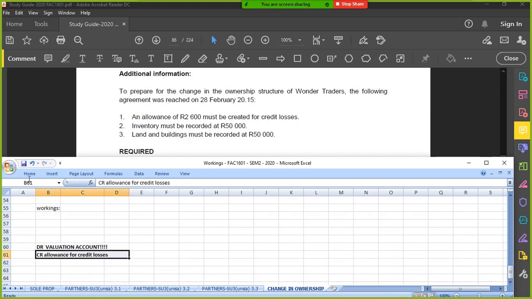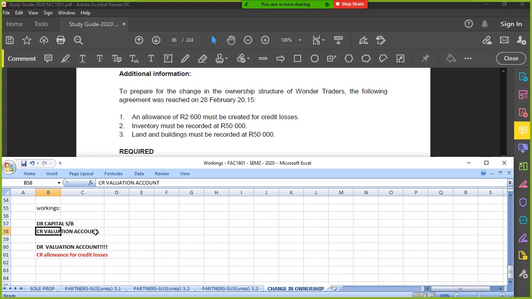Credit the allowance, debit the capital. The net worth has decreased. Capital, Stevie/Bob. Credit valuation accounts.